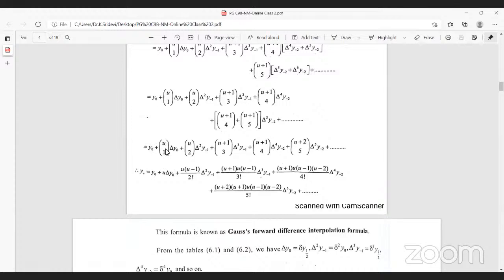Now we can simplify this one. We know UC1, UC2 is U into U minus 1 by 2 factorial, U plus 1 C3, U plus 1 C4, like that. If you apply the NCR formula for UC1, UC2, U plus 1 C3, U plus 1 C4, U plus 2 C5, you can get U, U into U minus 1 by 2 factorial for this one, and U plus 1 into U into U minus 1 by 3 factorial for this one, plus and so on.